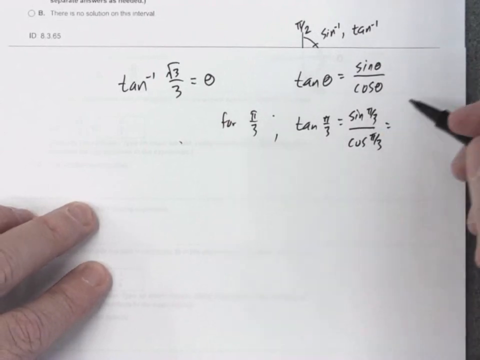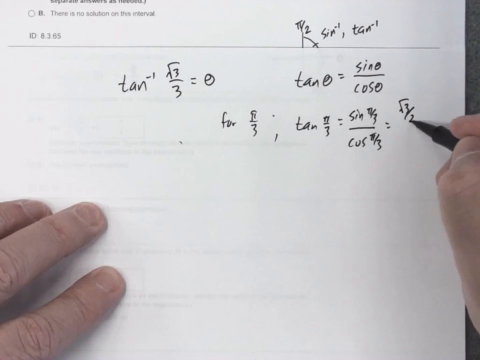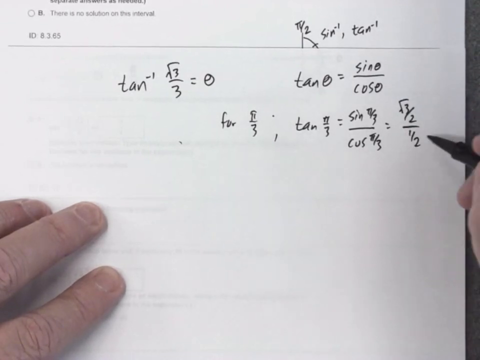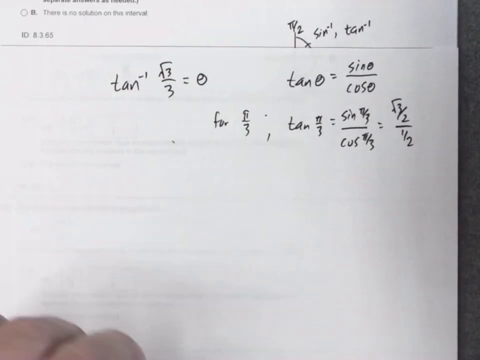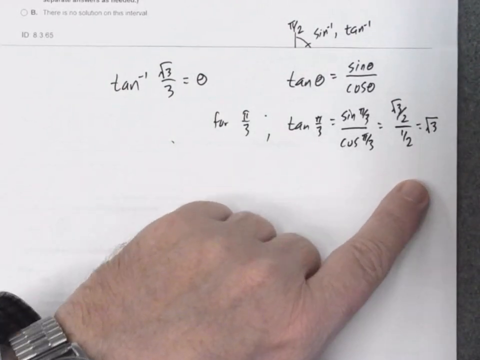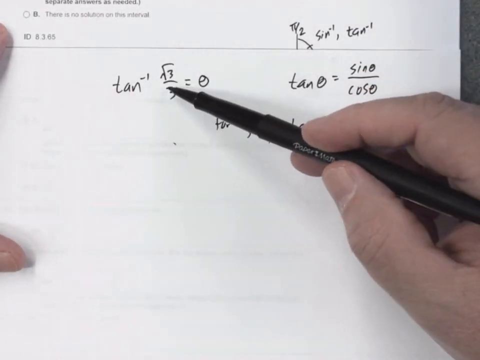If you look at the unit circle, sine of pi over 3 is square root of 3 over 2. Cosine of pi over 3 is 1/2. If you simplify this complex fraction, so once again, I'm looking for an angle where the tangent is square root of 3 over 3.